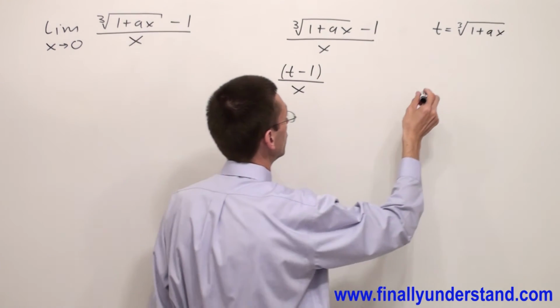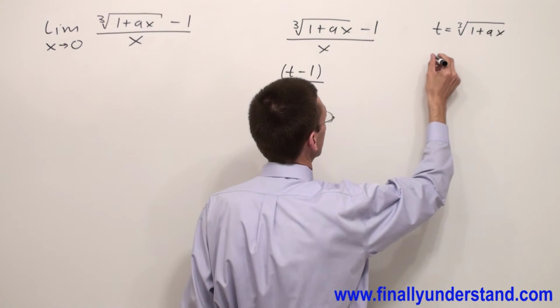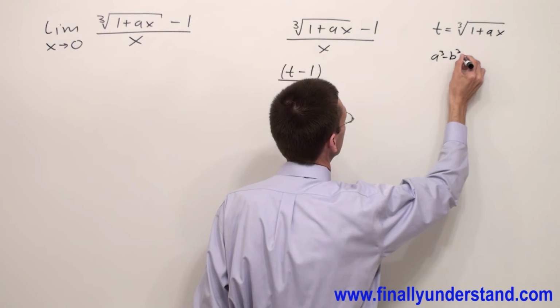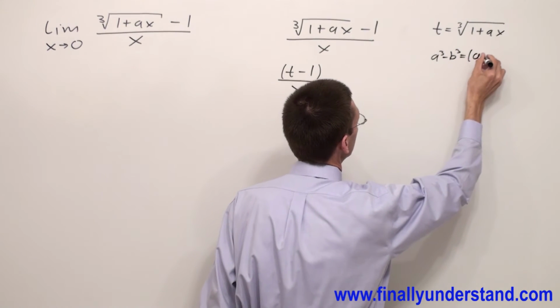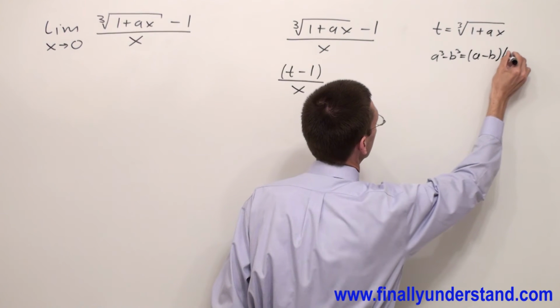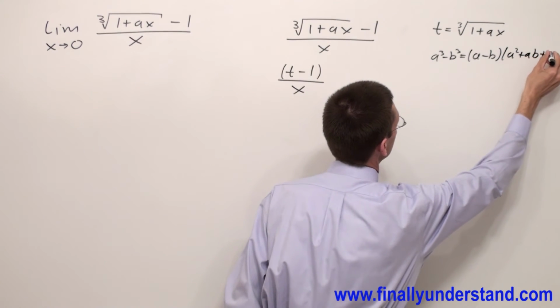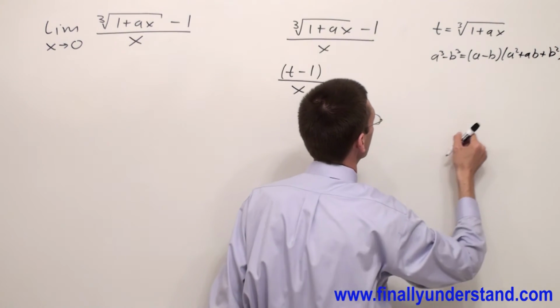The difference of cubes formula says a cubed minus b cubed is equal to a minus b times a squared plus ab plus b squared.